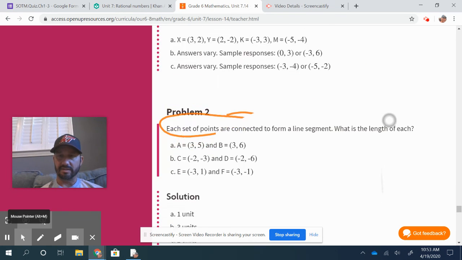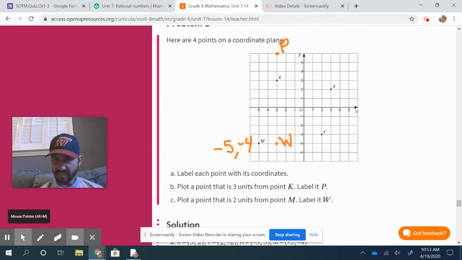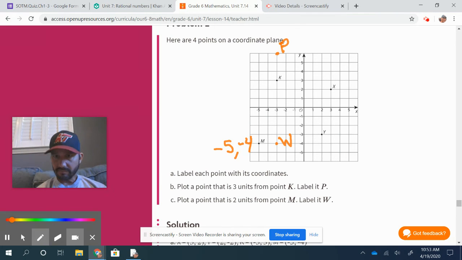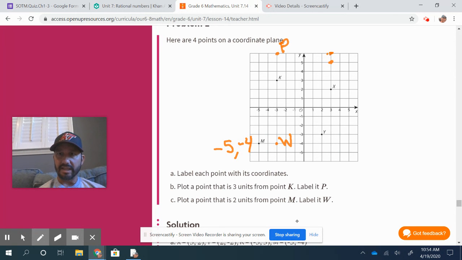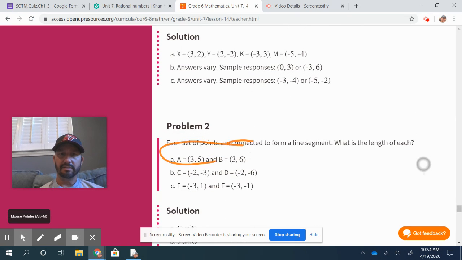You don't have to actually plot it, but it might help you at the beginning. So 3, 5 is right here, and then 3, 6 is right here. And they said, how long would that line segment be if you connected it? Well, it's 1 unit. That's it, because it's one thing away.